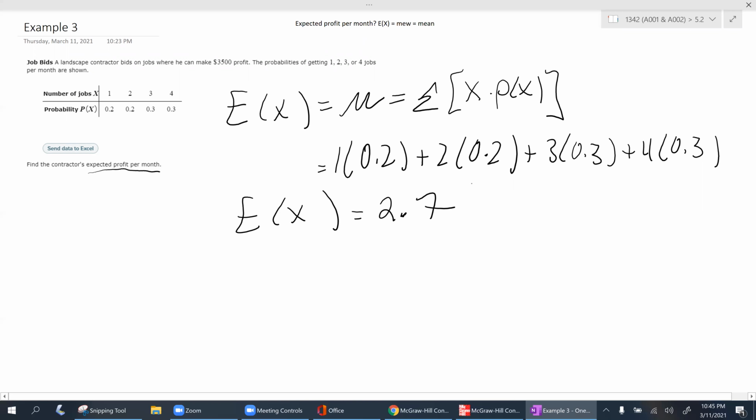But that's just my mean. The question asks to find a contractor's expected profit per month. So this is still very similar to the suits. I know that the profit that he makes is 3,500. I'm going to go ahead and multiply this by that mean, so I can have an estimate, an average of what his profit is going to be per month.